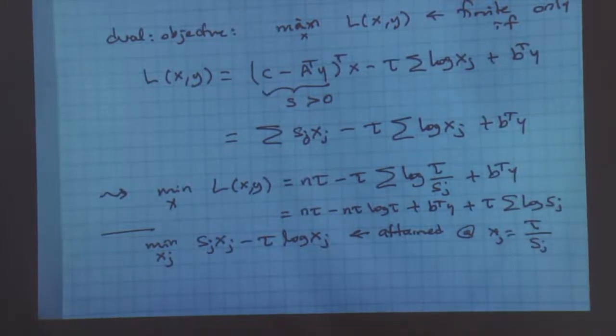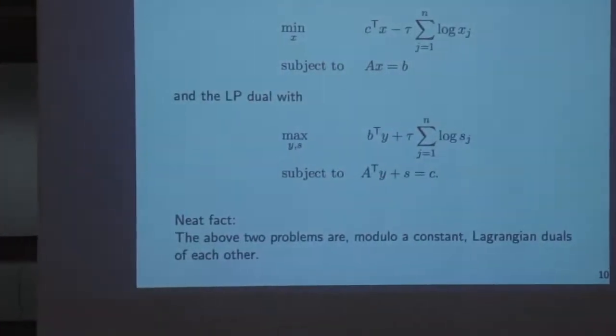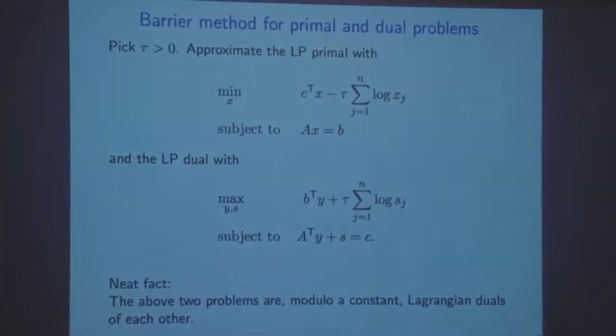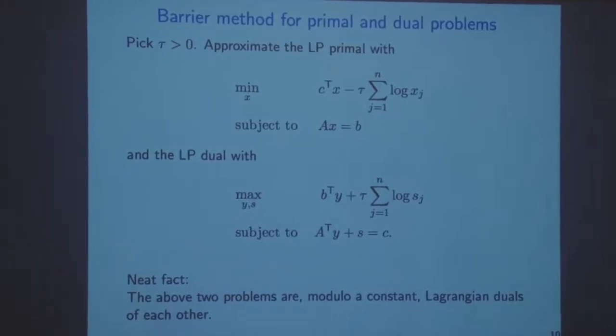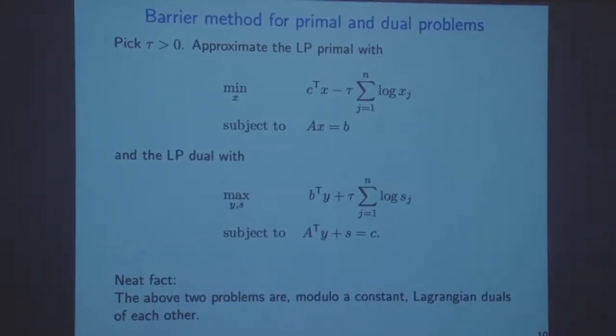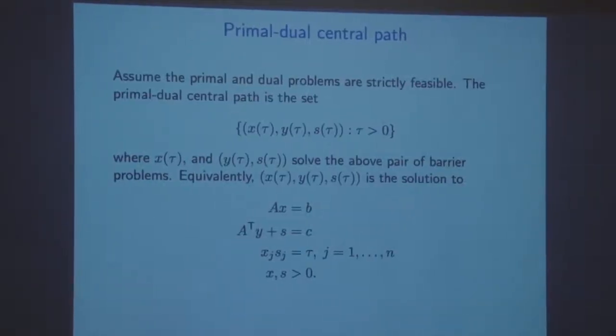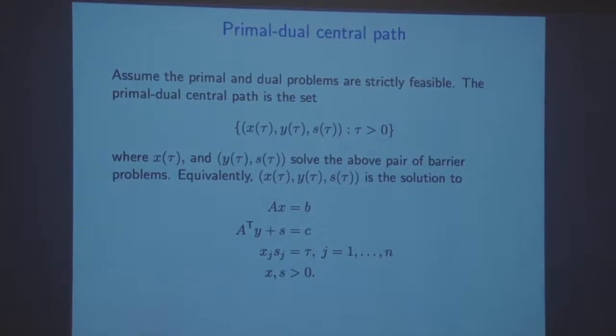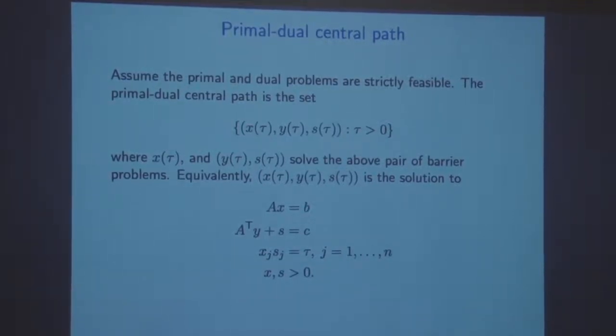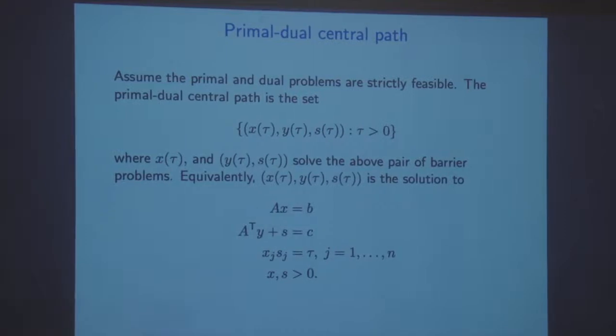Okay, so this is kind of neat. And what is really even neater is that if you look at the optimality conditions for this problem, let's say the KKT conditions for the barrier of the dual problem, the KKT conditions look like that. And just for reference, let me put back the optimality conditions for the original problem.